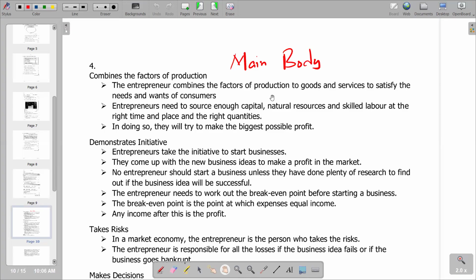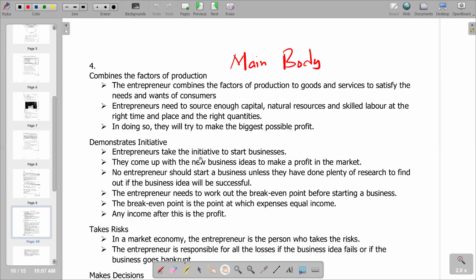In other words, entrepreneurs need to source enough capital, natural resources, and skilled labor at the right time, in the right place and in the right quantities. These are basically the factors of production. Then they should also be able to demonstrate initiative.